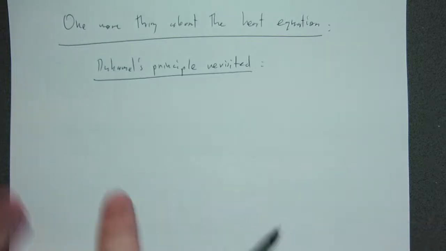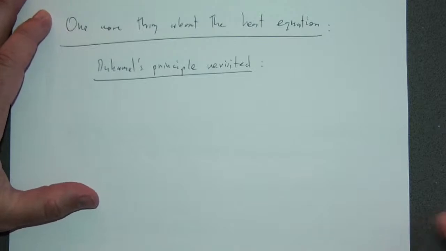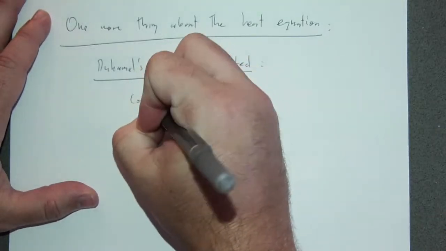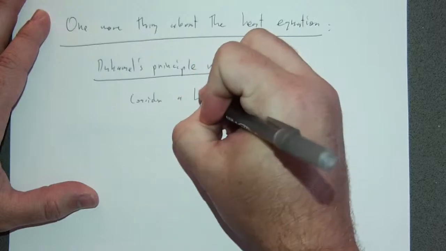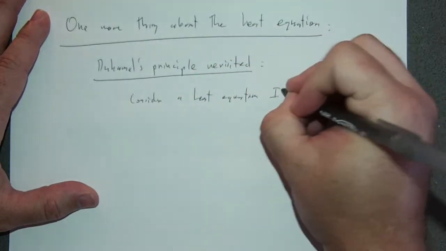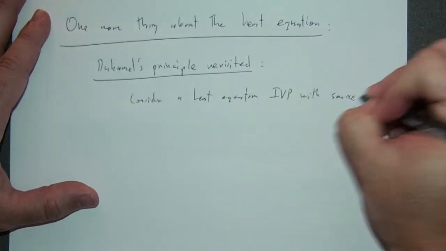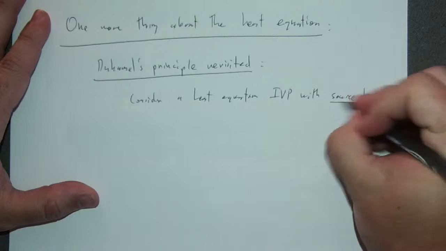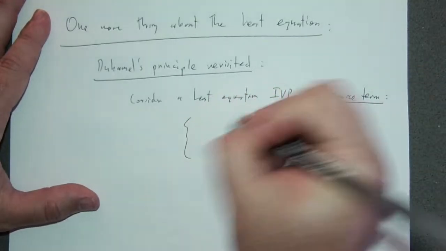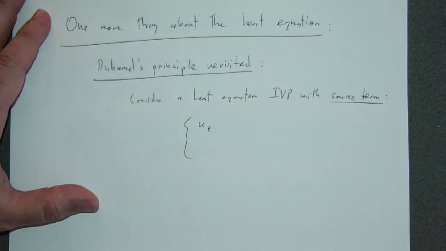Just like for the wave equation, we can introduce a source term. So consider a heat equation IVP with a source term. We have the heat equation. We'll move all of the heat equation stuff to the left side.